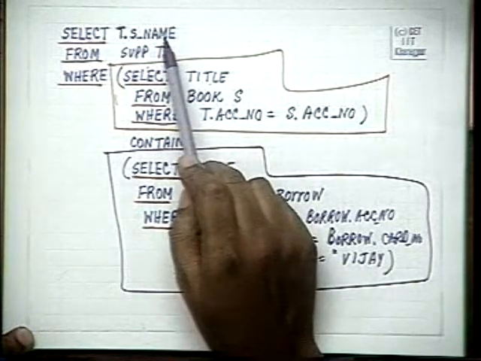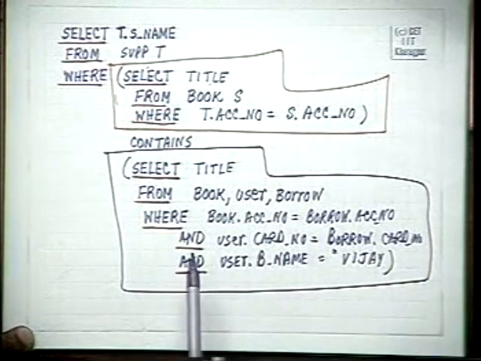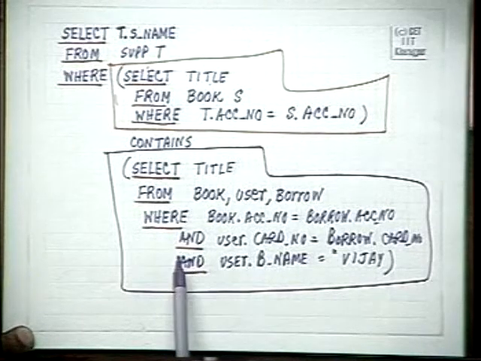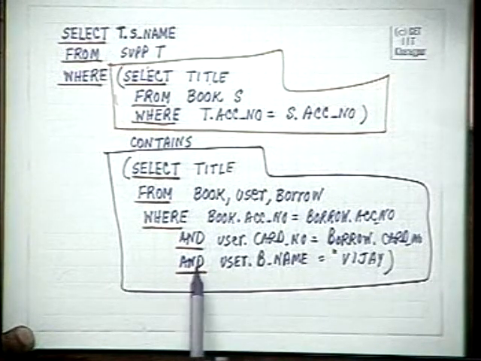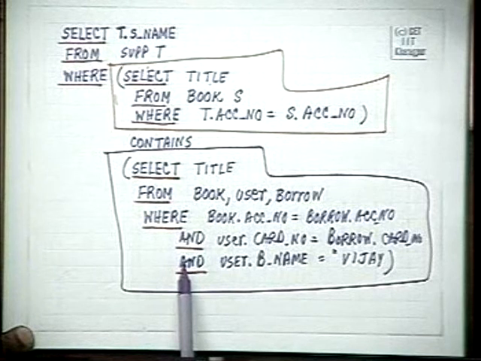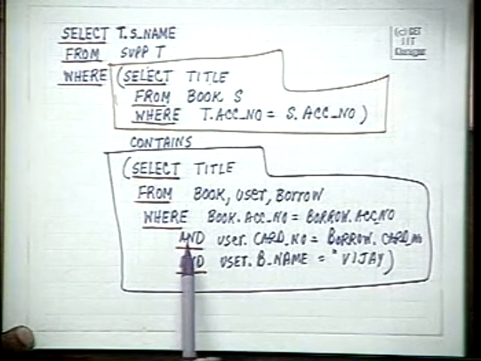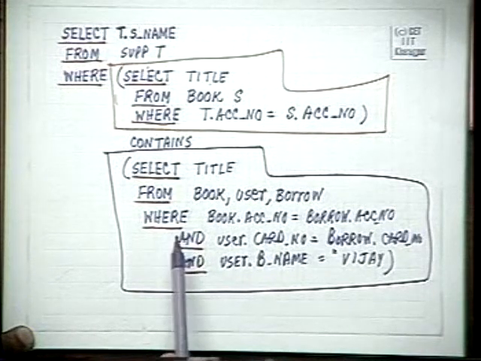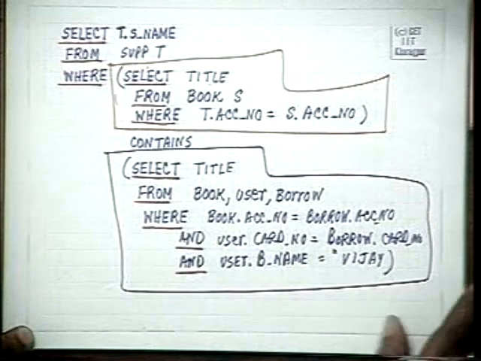So this will give us the names of all suppliers who have supplied titles corresponding to all the books issued by Vijay. This corresponds to the division operation in relational algebra. We use the division operation to solve this, and we use the for all operation in tuple relational calculus to solve this problem.